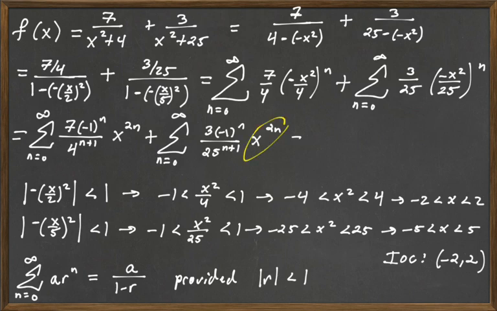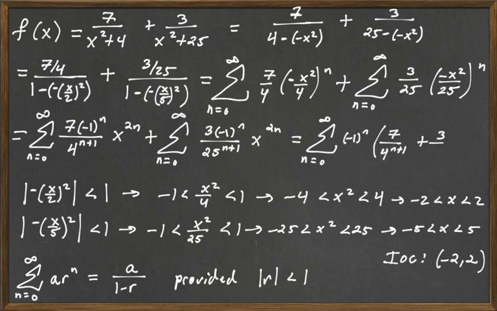Okay, so we got matching exponents there, so we can add up the coefficients, or subtract, in this case we're adding. So n equals 0 to infinity of negative 1 to the n, since they had a negative 1 in common, 7 over 4 to the n plus 1, plus 3 over 25 to the n plus 1, and then that has x to the 2n.